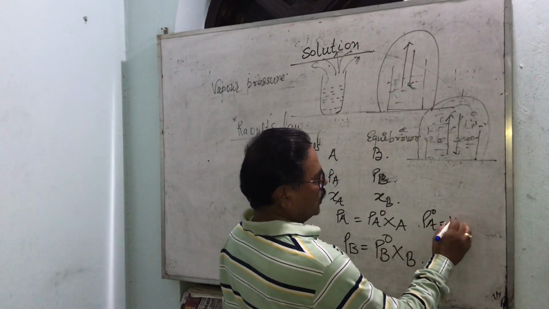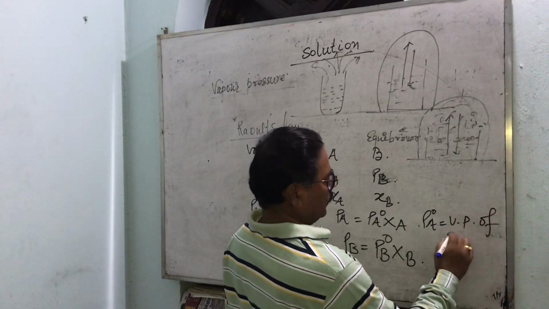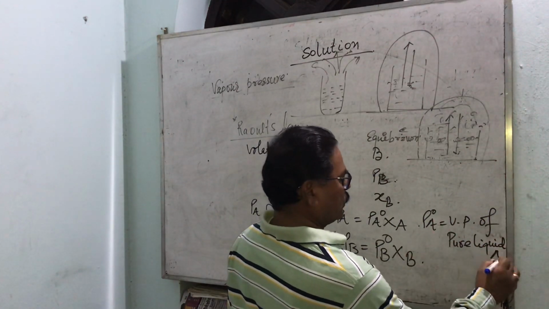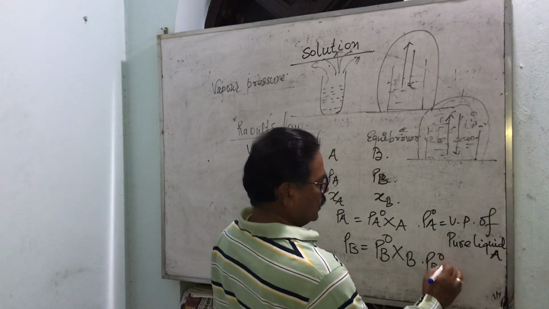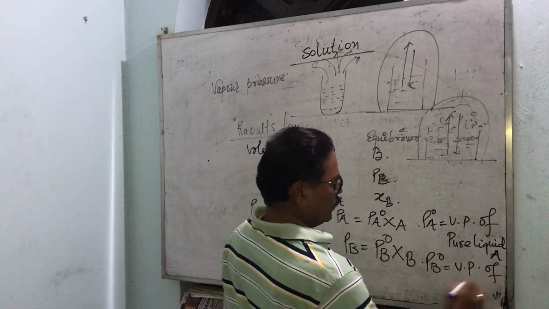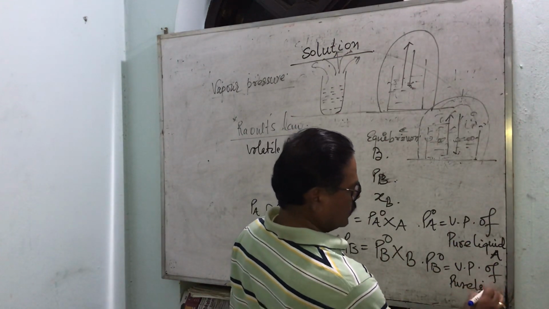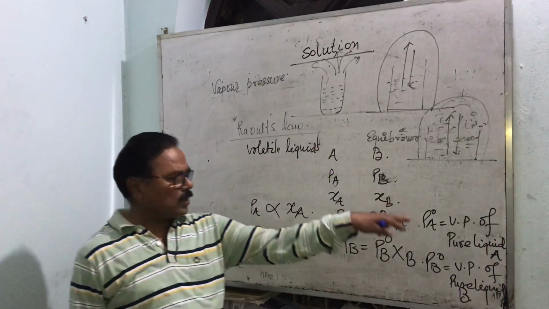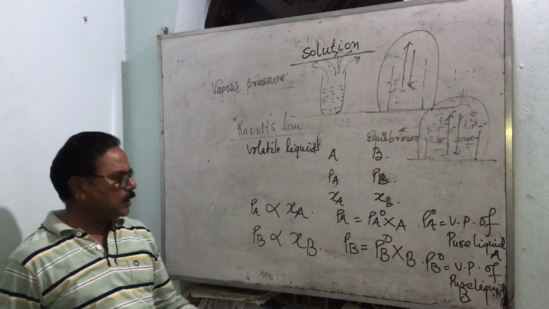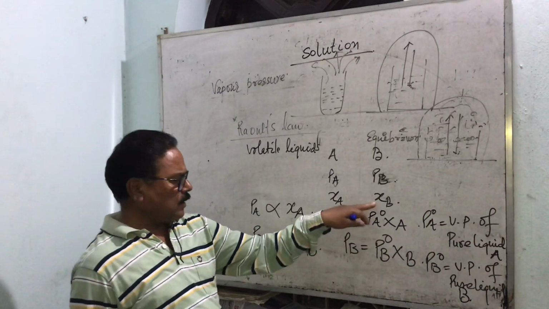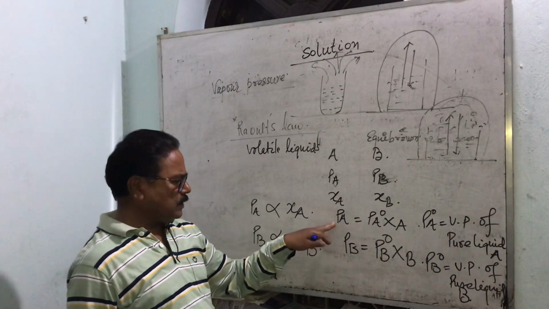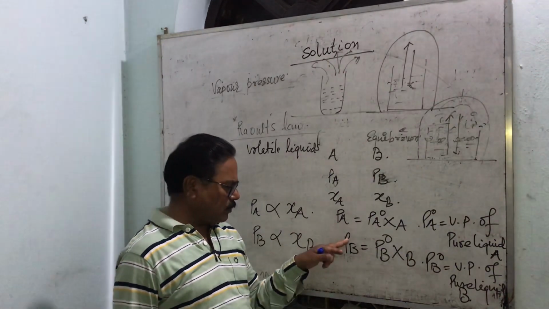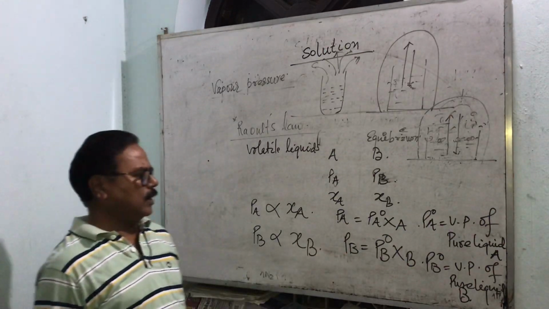PA naught is the vapor pressure of pure liquid A, and PB naught is the vapor pressure of pure liquid B. When we solve problems, it is very important to know what PA naught and PB naught are, and what PA is. PA is called the vapor pressure of the solution, of liquid A and liquid B.